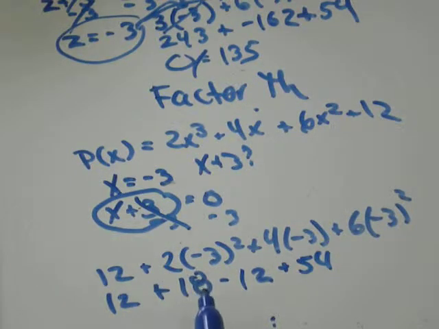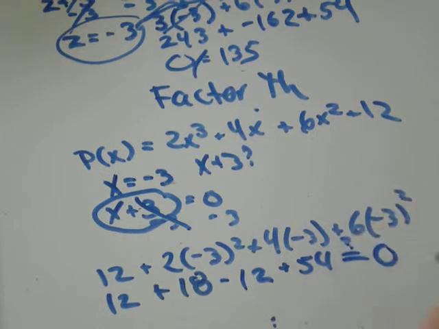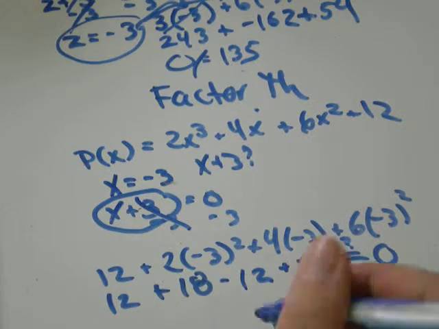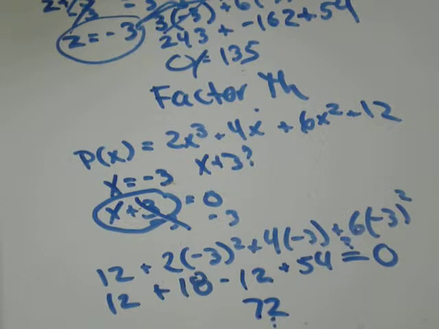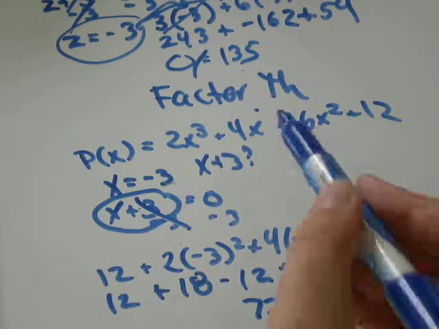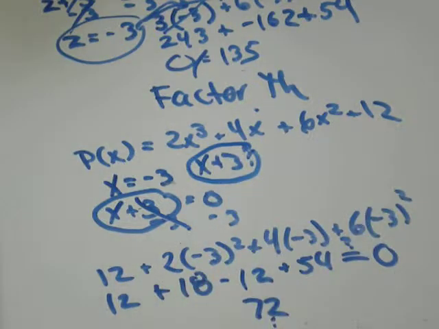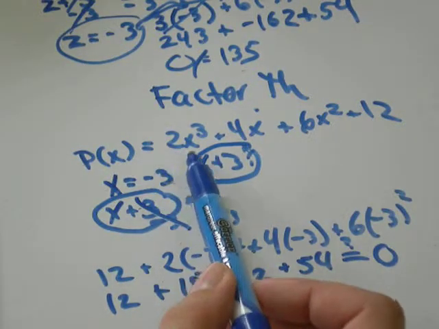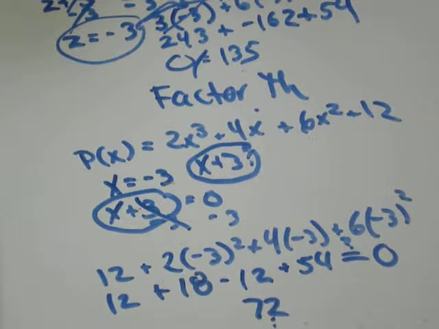Is 12 plus 18 minus 12 plus 54 equal to 0? That's what we're trying to figure out. I get 72. 72 does not equal 0, so we know that x plus 3 is not a factor of the polynomial 2x cubed plus 4x plus 6x squared plus 12.